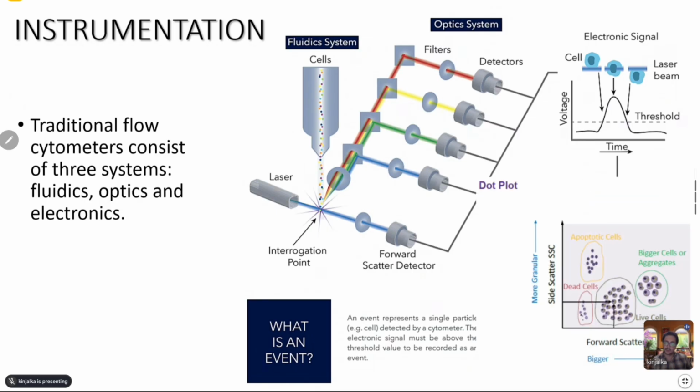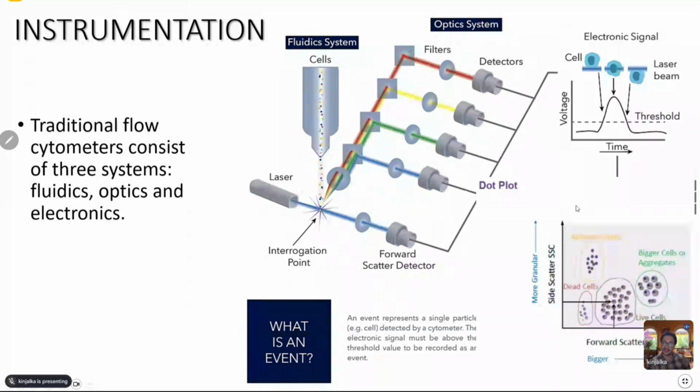Over here, many times you have this scatter, and then you can cluster and identify the cells. You have, say, dead cells in this quadrant. If you divide it into four quadrants, you have left lower, left upper, right upper, right lower, and you may want to focus on the live cells and the bigger cells or aggregates. You have cells like this, which have less forward scatter, meaning they are small, but there is a lot of side scatter.